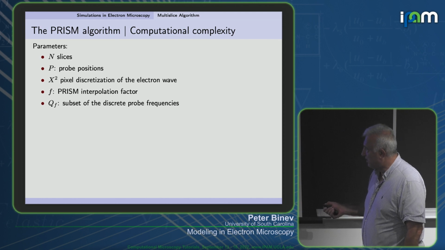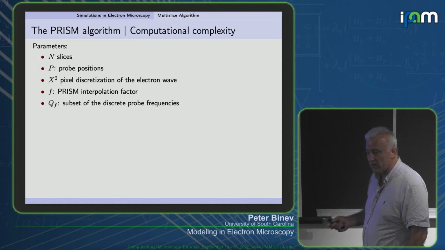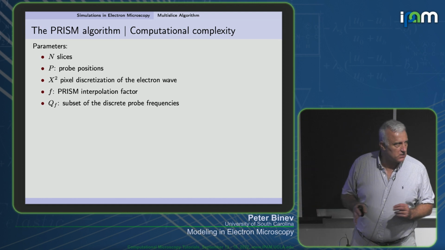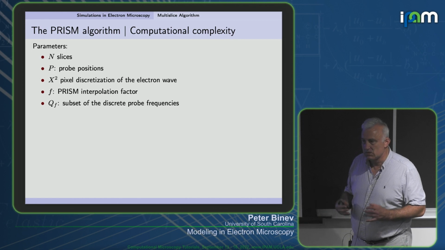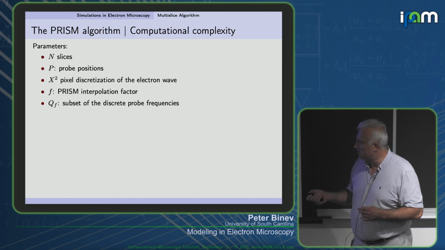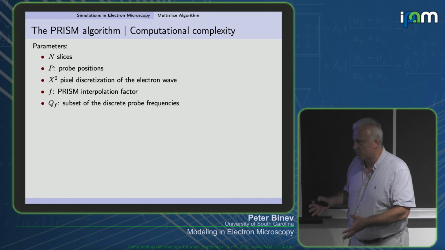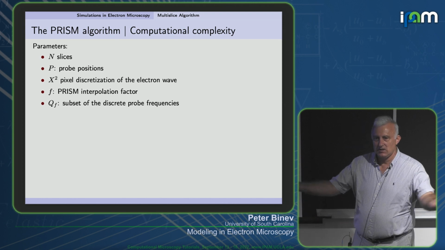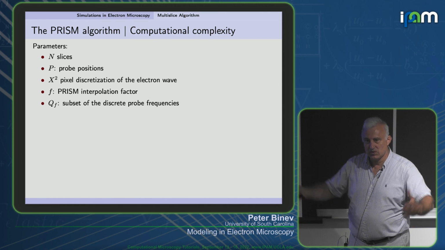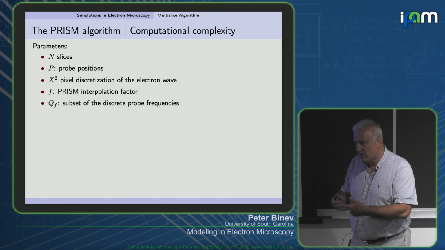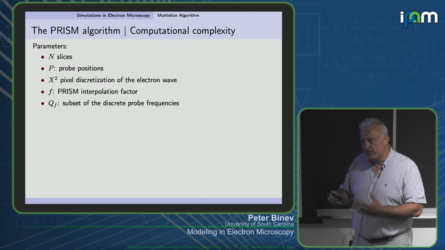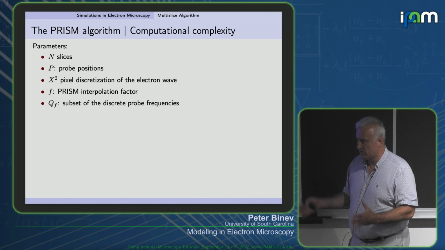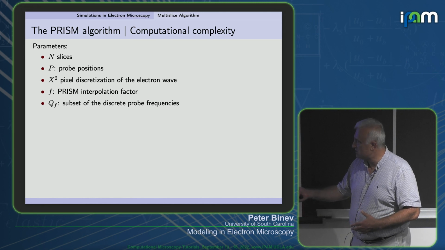We have pixel discretization of the electron wave. Let me explain, because I didn't talk much about that. Usually when we think about the pixels, we're thinking about the probe positions, because that gives the image at the end that we observe. However, when we're solving the Schrodinger equation, we have to solve it on some mesh of points, and this mesh of points is the pixel discretization of the electron wave.